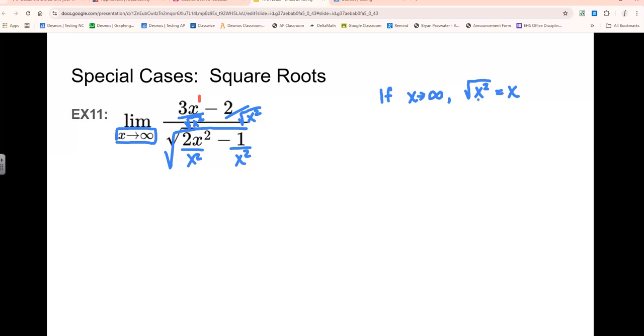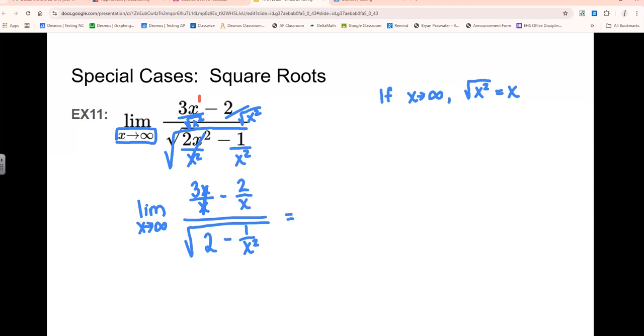So if x is approaching infinity, the square root of x squared is just x. So I'm going to have the limit as x approaches infinity of 3x over x minus 2 over x, and then the square root of my x squareds cancel here. I just got 2 minus 1 over x squared. And really, if I want to here, these x's cancel also.